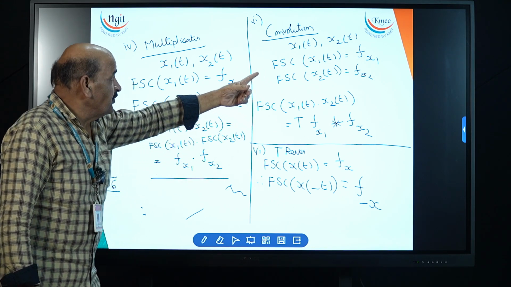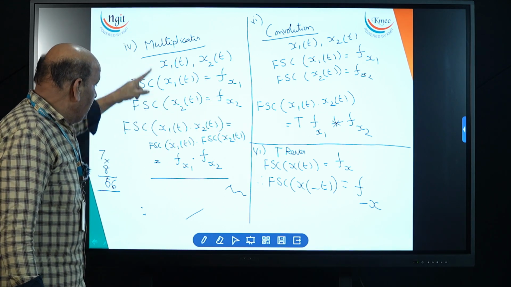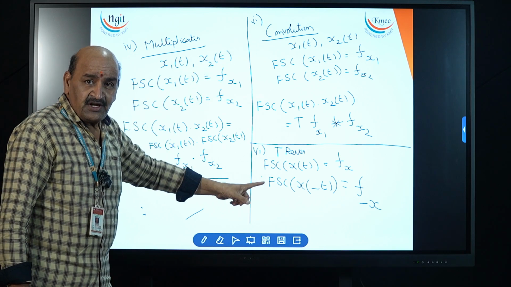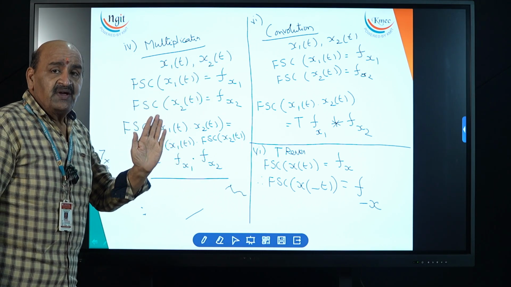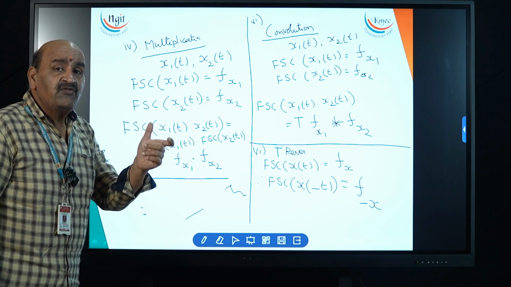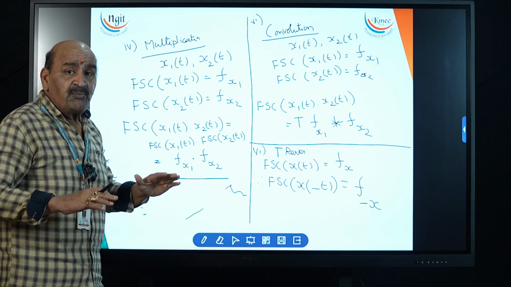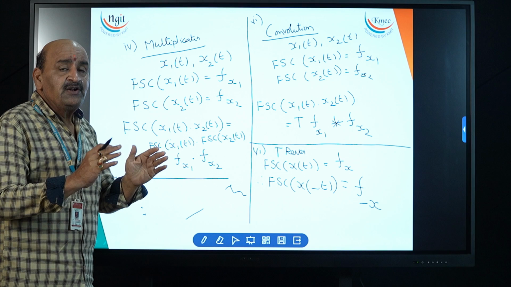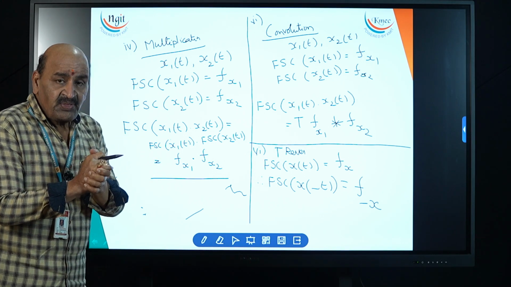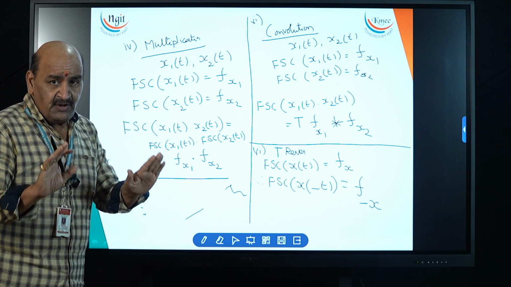Again I am telling that there is a lot of difference between multiplication and convolution. Multiplication property is just to multiply the coefficients of two given signals, but convolution is not only multiplying. What is the possibility of getting a new signal upon multiplying two given signals together? That complexity of creating a new signal is called convolution.